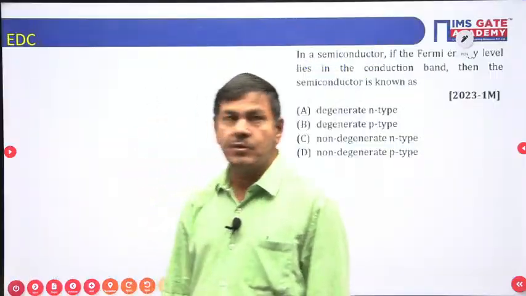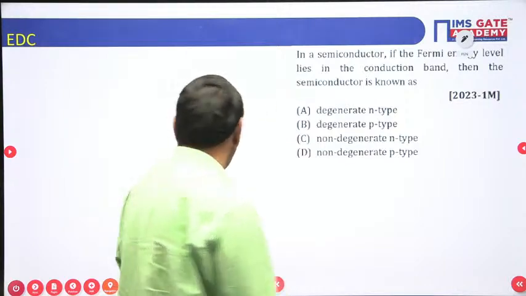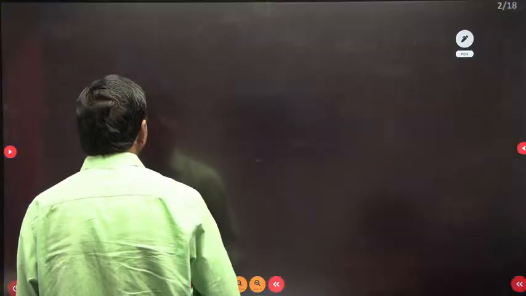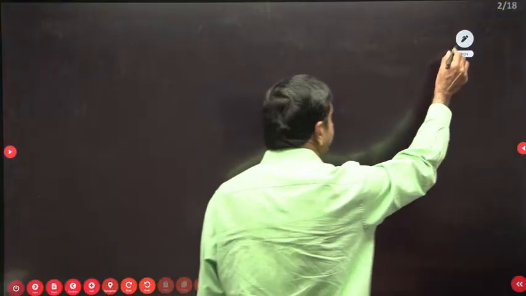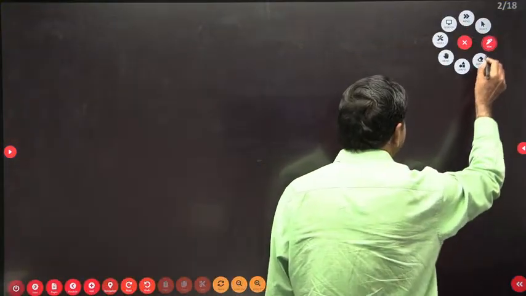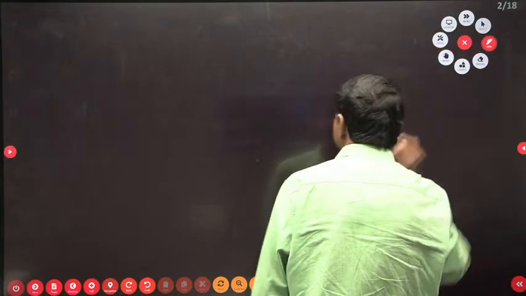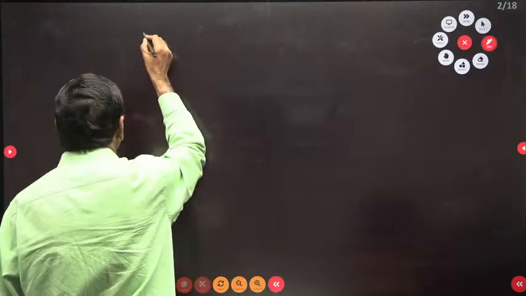But I want to start here with a few basics only. That is the thermal equivalent of voltage, I want to explain.